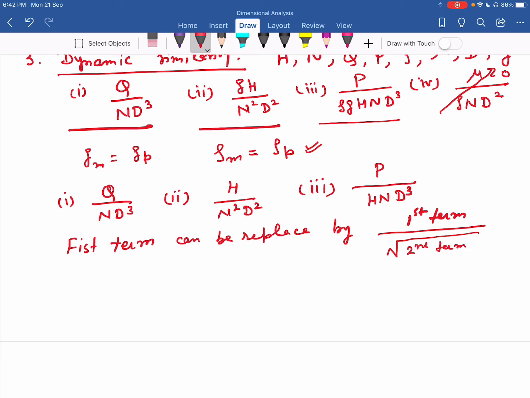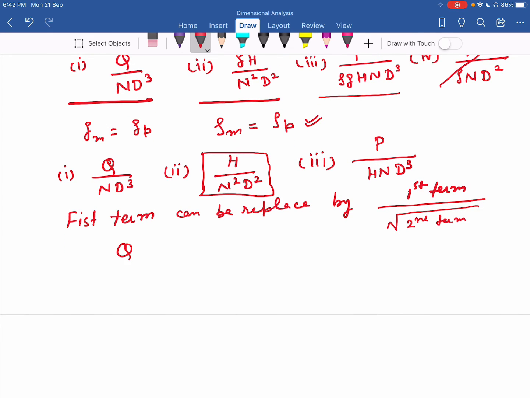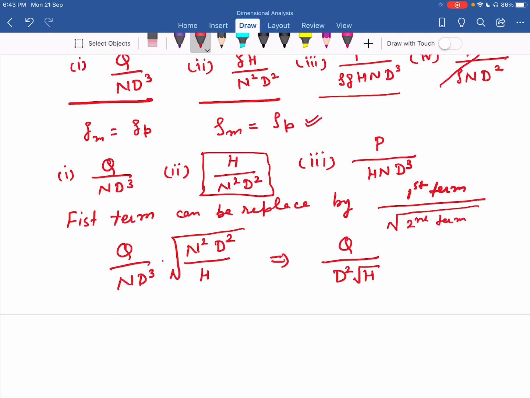So we take the second term as it is. We replace the first term by first term divided by under root of second term, so that we can write as Q upon N D cube into N square D square upon H under root. So this becomes Q upon D square under root of H.